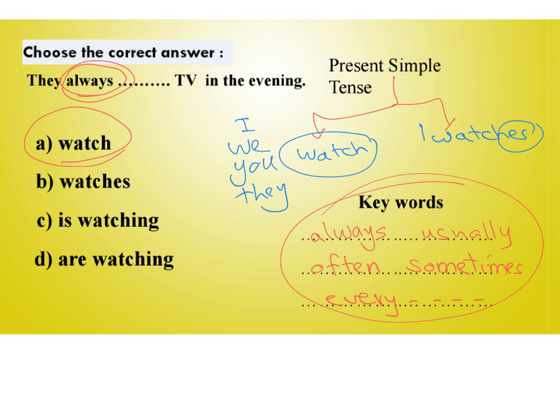Excellent. With he, she, and it. Let's go back to the question and have a look here at the subject. Here in the question, the subject is they. And with I, we, you, and they, we use the base form of the verb.